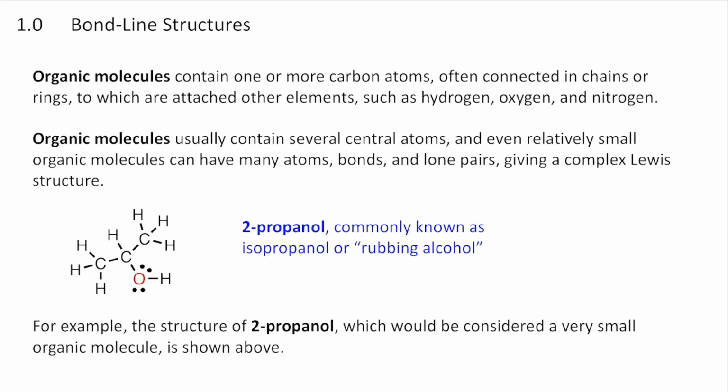I have a picture here of 2-propanol, also commonly known as isopropanol or rubbing alcohol. This is a relatively small molecule. It only has 3 carbons and 1 oxygen and a bunch of hydrogens, and you can see from the structure that it's a fairly complex looking molecule at first sight.